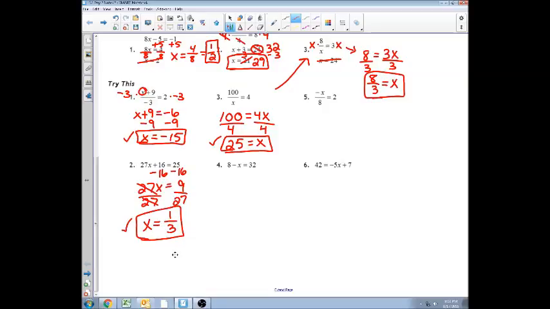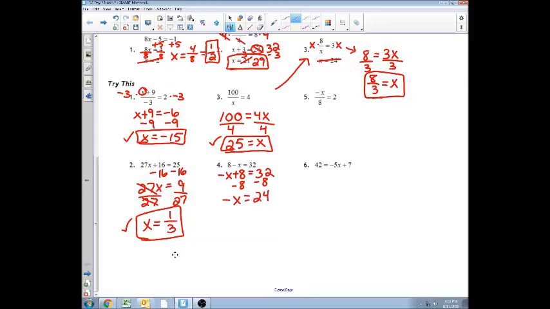In order to use the opposite operation, I can rearrange that left side and rewrite it as negative x plus 8 is equal to 32. I can do that. Now that I see that it is addition, what is the opposite operation? Subtraction. That would leave me with negative x is equal to 32 minus 8, which would be 24.